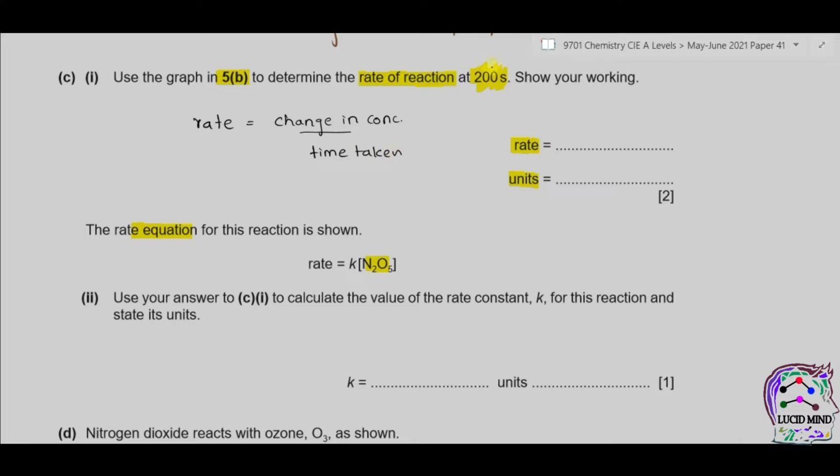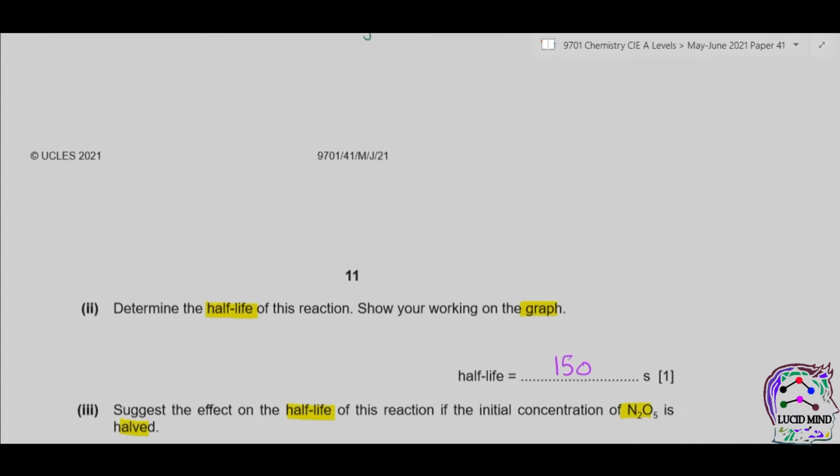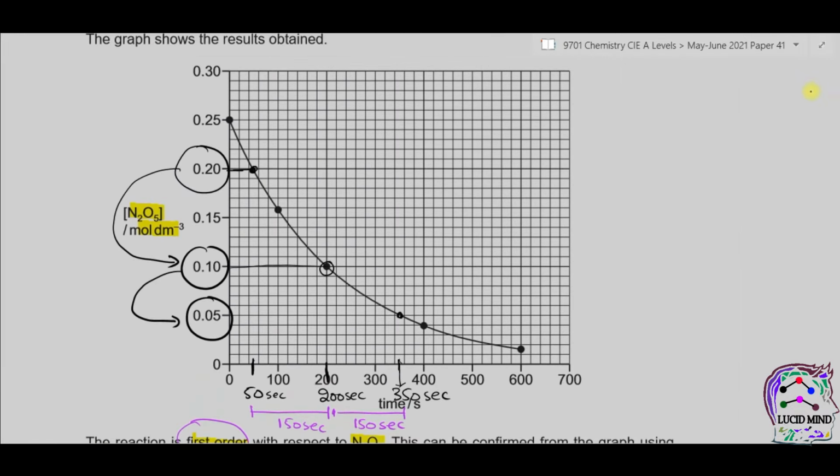Let's find out the rate at 200 seconds from the graph. Now this is the value at 200 seconds. We can draw a tangent to find out the change in concentration and the time taken. Now this is the tangent that is drawn and it is going exactly through this point at 200 seconds.